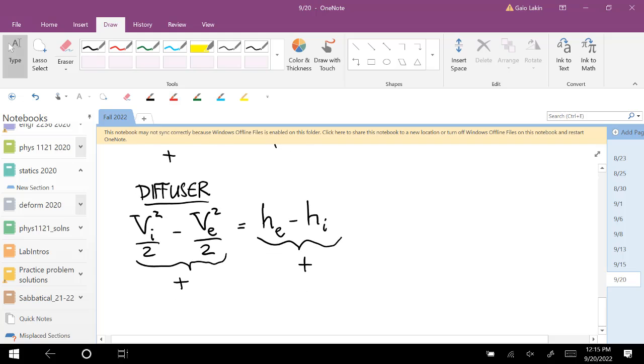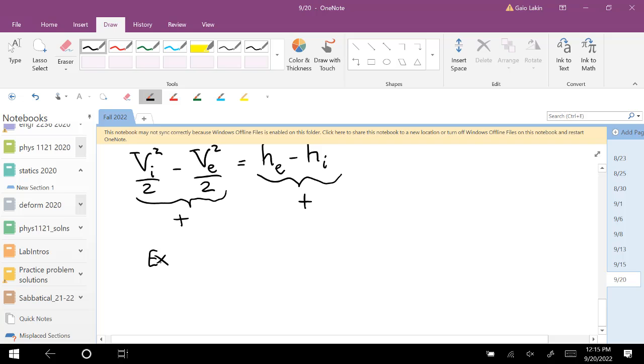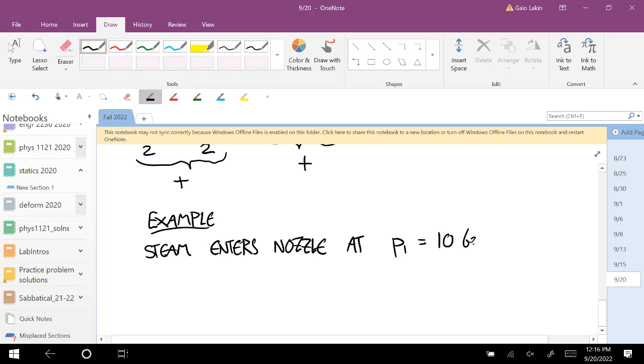Okay, so let's do the kind of example problem you'll have to do with this. I'm just going to do one of these because these two things are so similar. Let's say that steam enters a nozzle at a pressure P1 of 10 bar and a temperature T1 of 400 degrees Celsius.